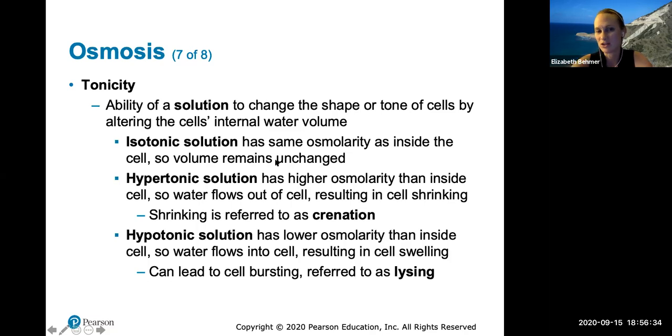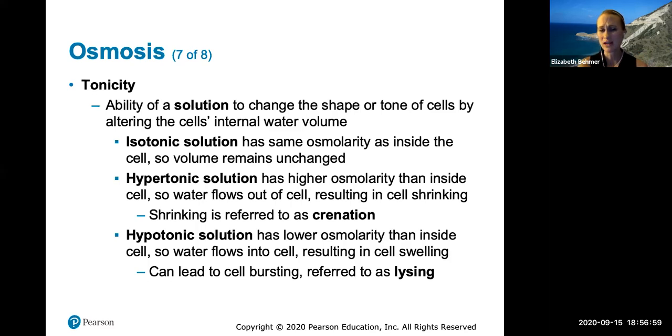so the volume will remain unchanged. A hypertonic solution has a higher osmolarity or concentration of the solution itself than inside the cell, so water will want to flow out of the cell, resulting in the cell shrinking when placed in a hypertonic solution. And we call that shrinking crenation. I'll show you examples of this when we get to those red blood cell pictures.